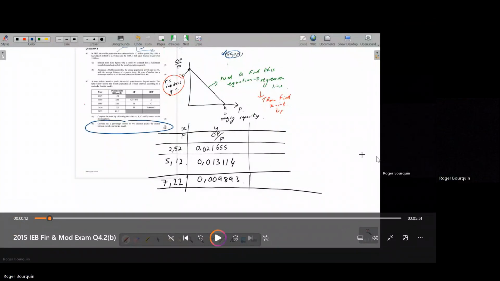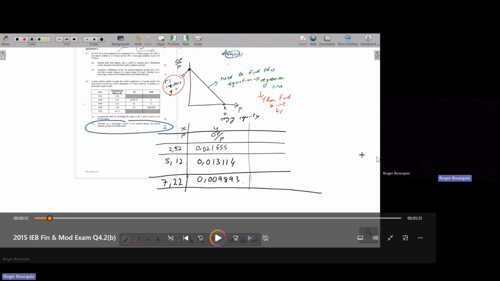All right. So in question 4.2b, using that table, the question says, calculate as a percentage to correct to 2 decimal places the annual intrinsic growth rate for this model.